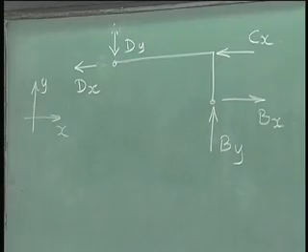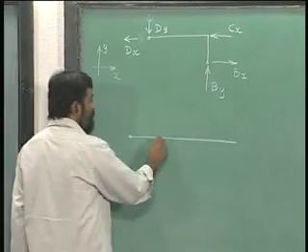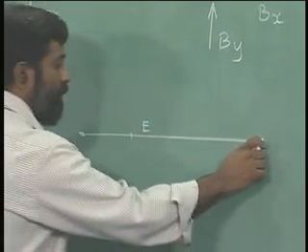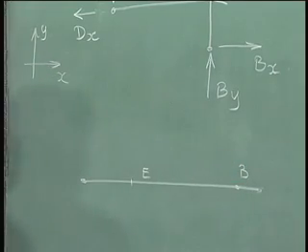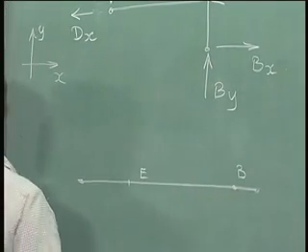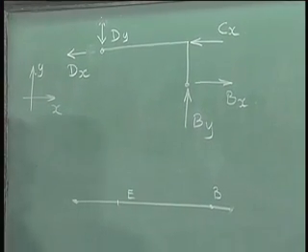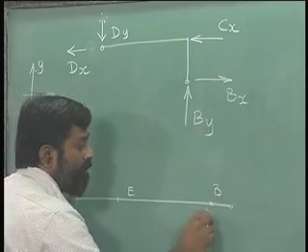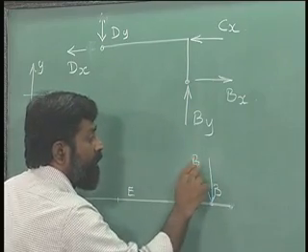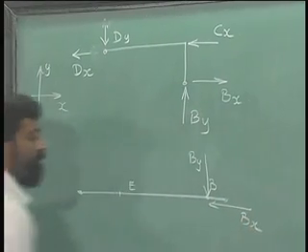What remains now is AEB. Again I am going to resort to a line diagram, it makes it simple for drawing. At B, remember I am going to fix BCD as well as the wheel ED, which means at this particular point I will have an equal and opposite reaction, which means I will have By here and Bx like this, simple.